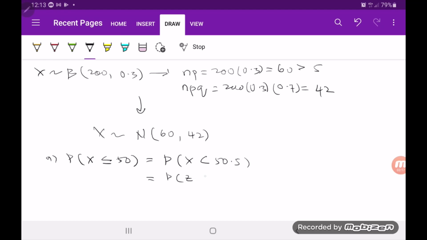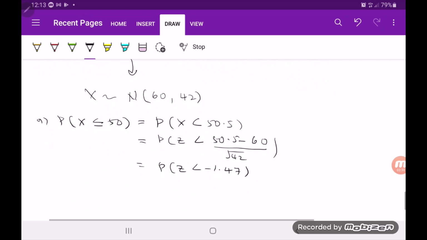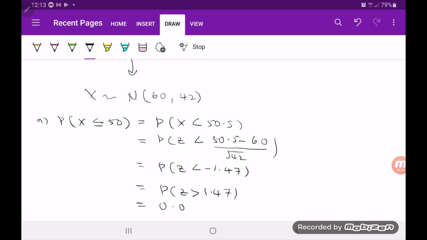Okay, z less than 50.5 minus 60 over square root of 42. So you will get z less than negative 1.47. Okay, this is equal to z greater than 1.47. So refer to the table, you can find the value is 0.0208. That's the answer.